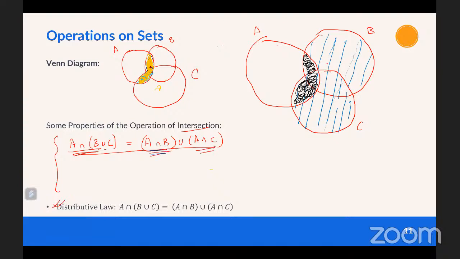So you see the region which we get here and here in both the Venn diagrams is the same. So the set which is obtained from this expression is same as the set which is obtained from this expression. So this is a law which is known as the distributive law, and we have seen it clearly using Venn diagram. Okay, I hope you don't have any questions here.